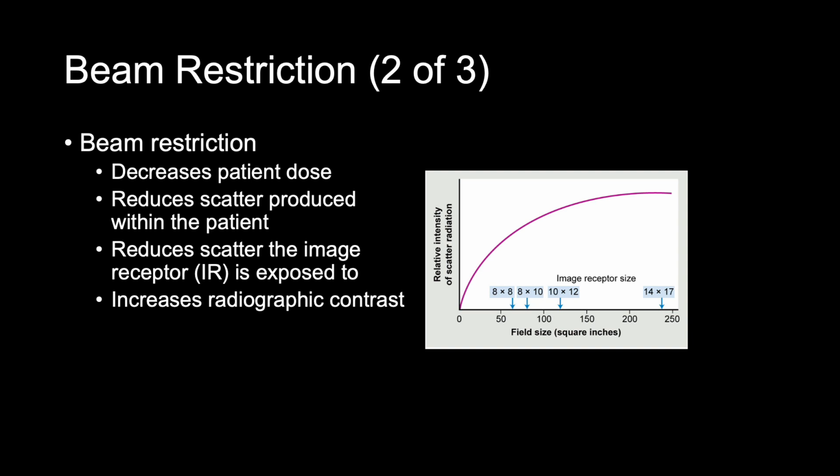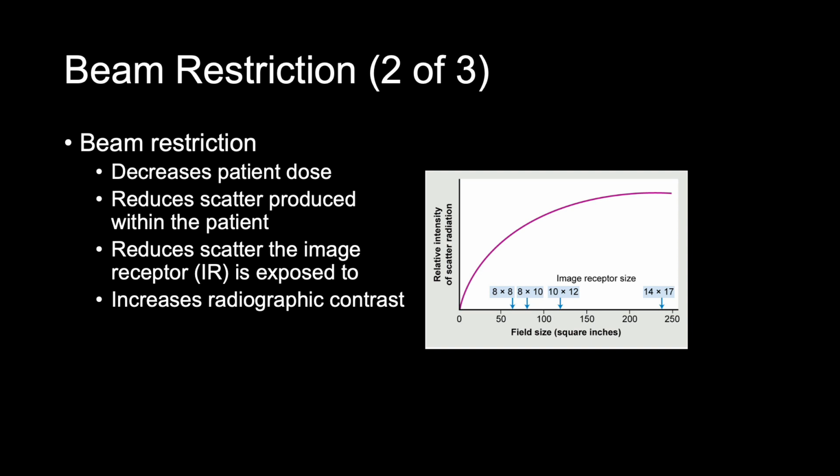If you go to 14 by 17, it's going to be all the way up to like 100%. So the bigger the field size, you can see, the more scatter radiation. So we always want to make sure and collimate, and decrease your field size as much as you can without obviously cutting off any of the anatomic area of interest.